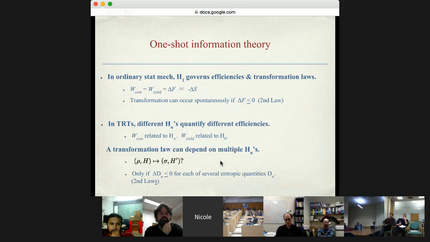You would have to check whether a whole lot of inequalities are satisfied. These are sometimes referred to as second laws. So these are some of the differences between ordinary stat mech and information theory and one-shot stat mech and thermodynamic resource theories and information theory. Though from this framework, in the appropriate limit, you can recover this framework.